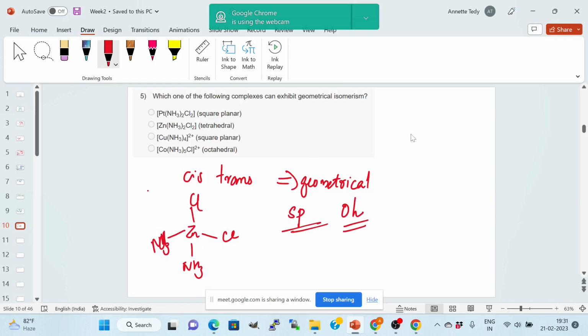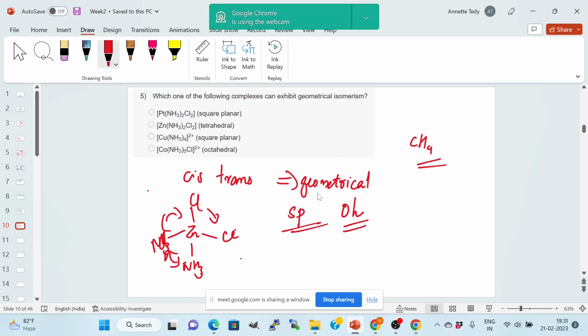The tetrahedral structure is like CH4, and this is similar to that. CH4, as you know, is not a planar compound. It is tetrahedral, so this Cl is behind NH3, and this Cl is also behind NH3. All these positions are the same. So there is no difference if I keep this NH3 here or the Cl here, because all positions are the same. That's why this tetrahedral compound does not have any geometrical isomerism.